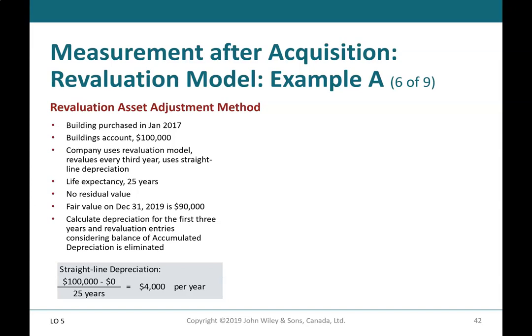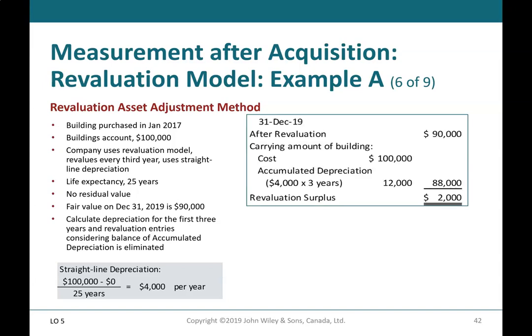Straight line depreciation: 100,000 minus 0 divided by 25 equals 4,000 per year. December 31st after revaluation, 90,000. Carrying amount of building: cost 100,000, accumulated depreciation 4,000 times 3 years is 12,000.